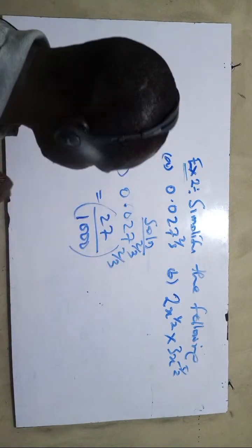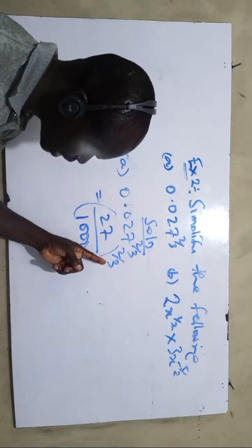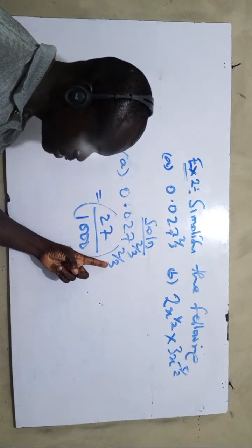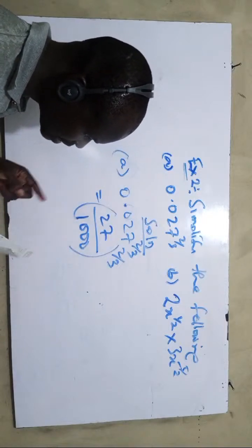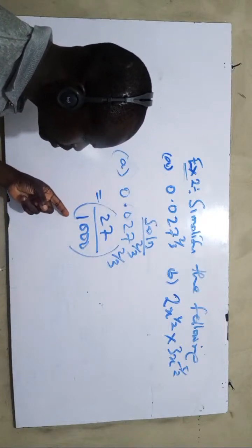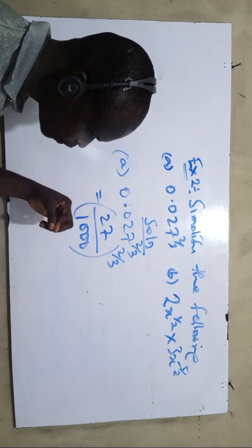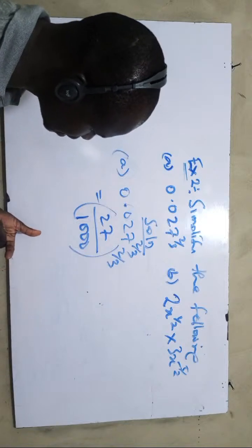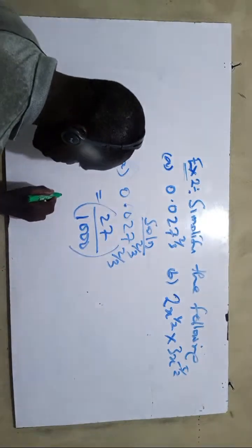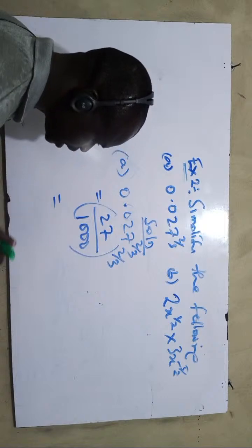So let's look at this critically. As I've said earlier, concentrate on the denominator. Let's check what we have inside the bracket. Can we express both the numerator and the denominator as a particular digit raised to power 3? The answer is yes. Look at the numerator, 27: 3 times 3 times 3 is 27.